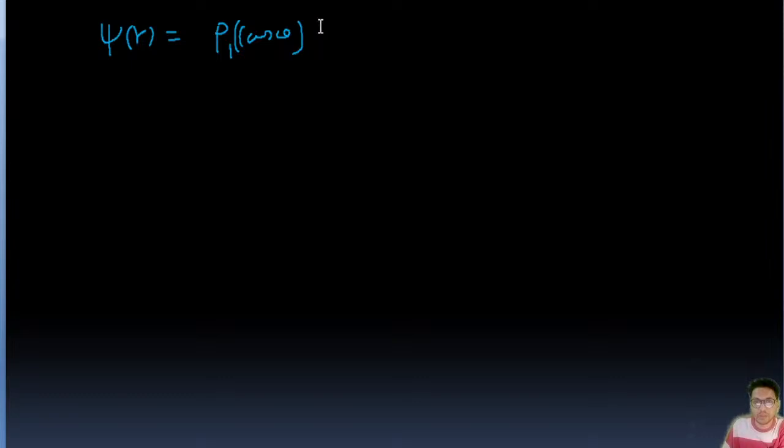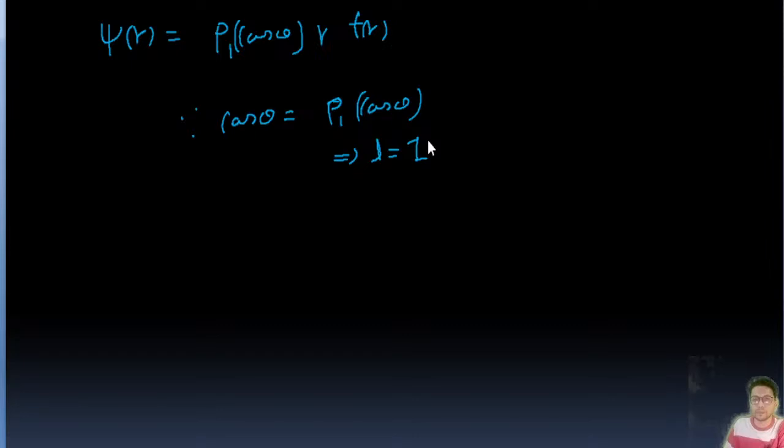Since we know the value of cos theta is equal to P1 cos theta, the Legendre polynomial P1 cos theta, this implies the value of L equals 1.